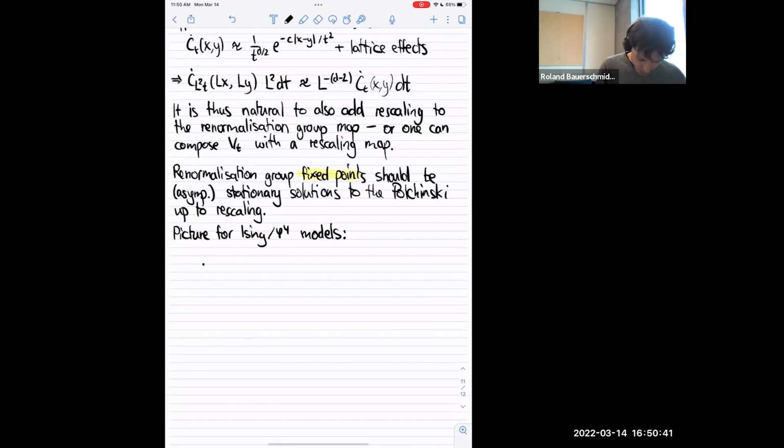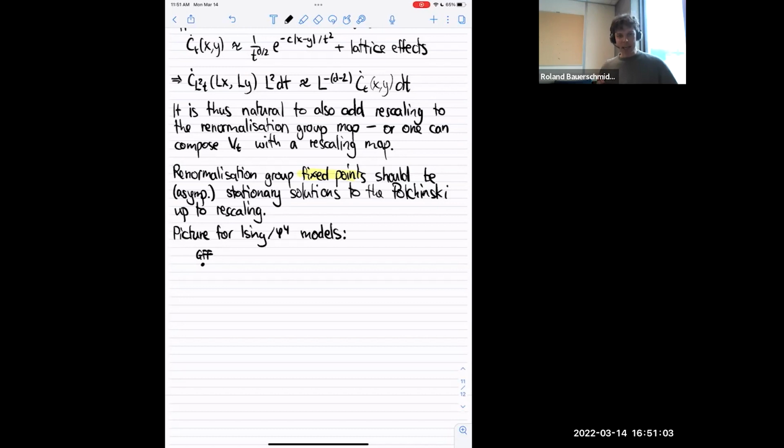One is the fixed point which would be just the free field, which in the Polchinski equation just corresponds to V equals 0. Surely that is a fixed point and a stationary solution to the Polchinski equation, even up to rescaling, if you rescale 0.